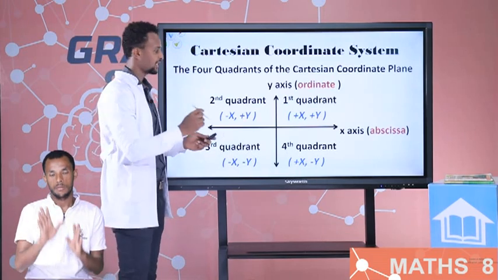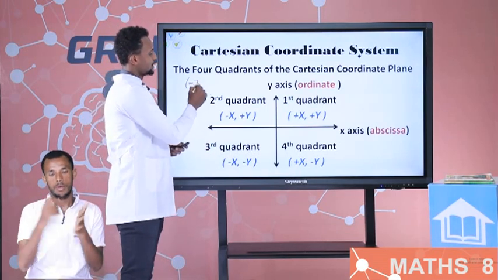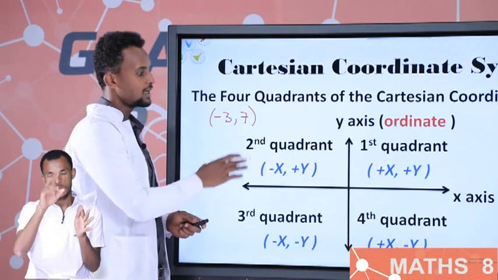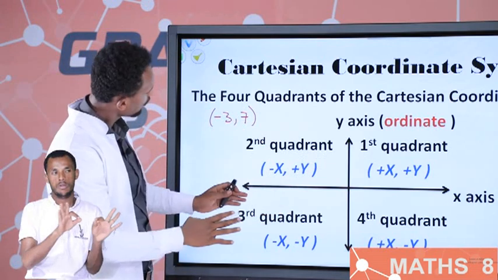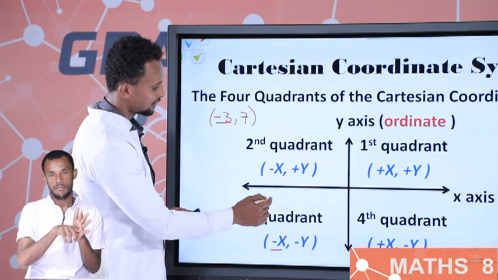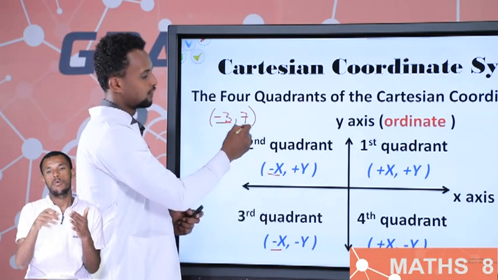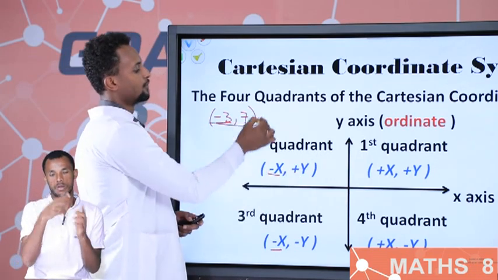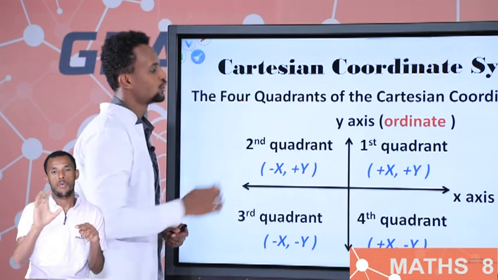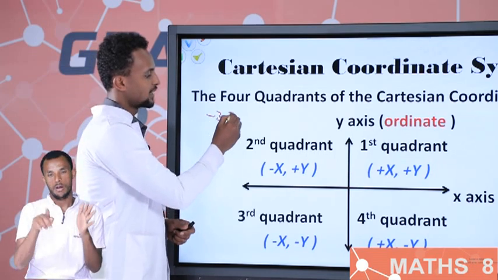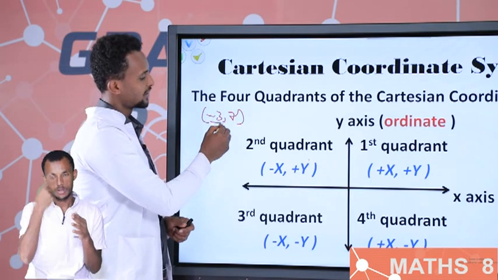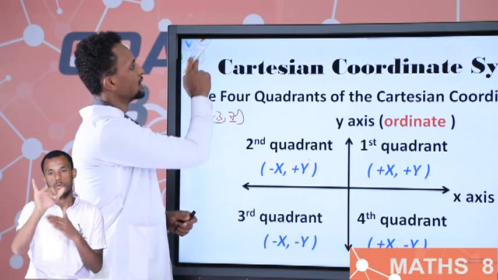Let me give you a simple example. Take (-3, 7). The value of x is negative and the value of y is positive.